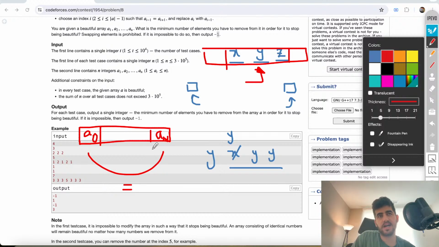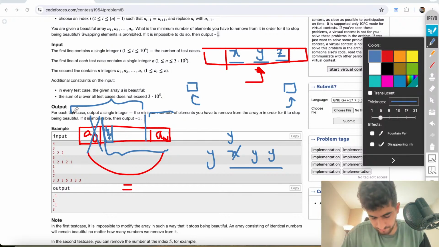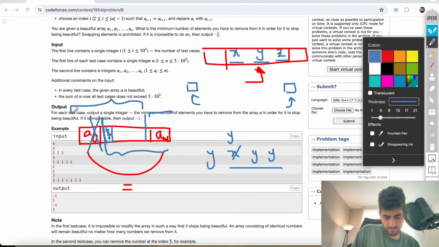So we want to remove a prefix such that these elements would be the first elements of the final array, or find the rightmost one after which we can remove a suffix such that this part will be left, right? Yeah, that would work as well.